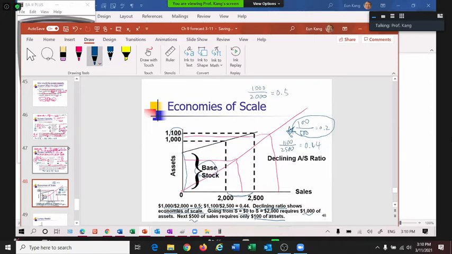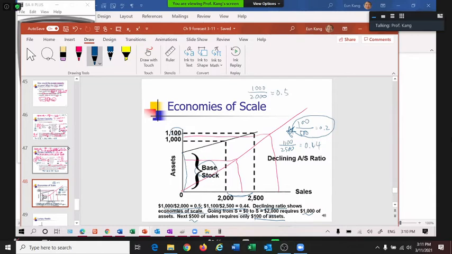So the bigger operation has some benefit, right? That makes sense. For you to produce a smaller amount, it may cost relatively high, but from a bigger amount, it's easy to generate more sales using a small number of assets. Economies of scale. So a bigger company has an advantage over smaller companies.